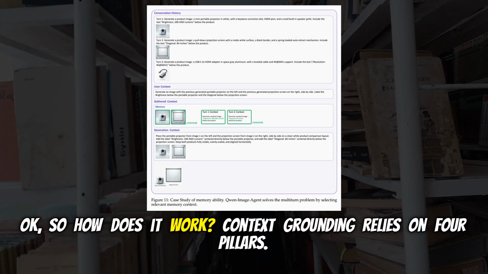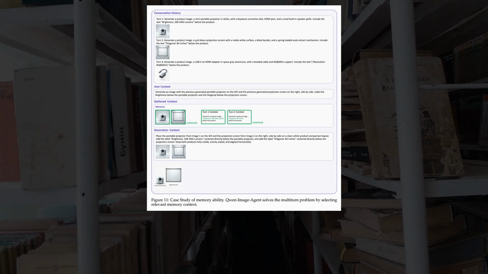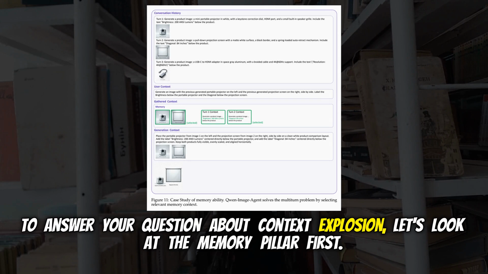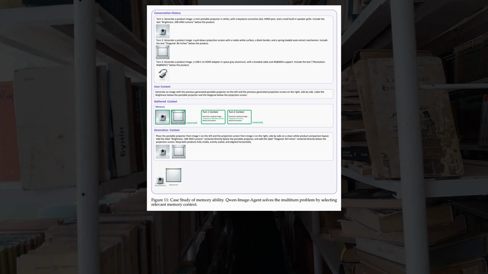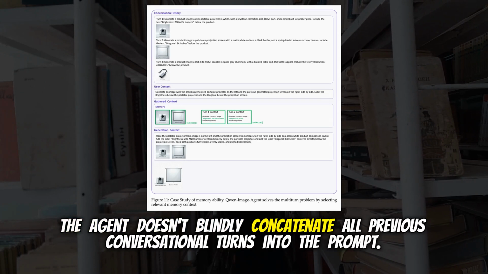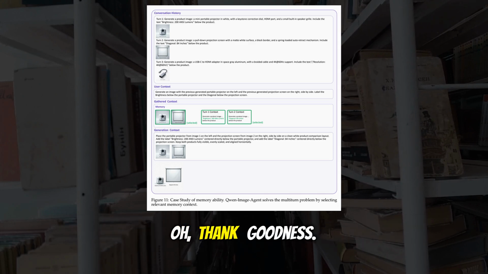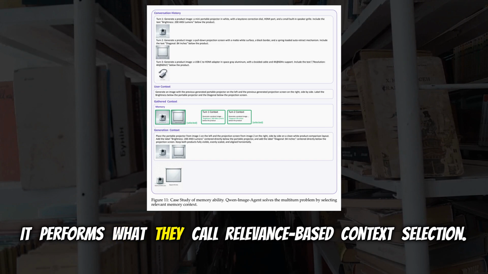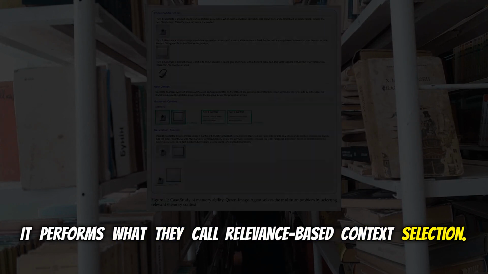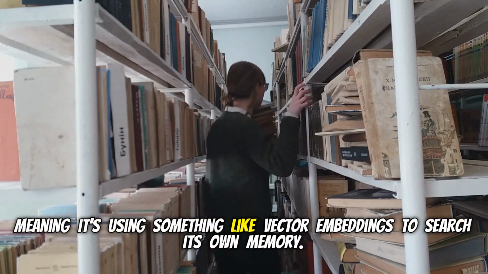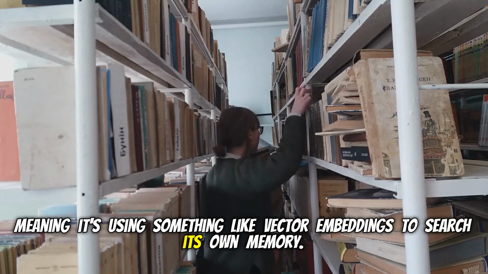Okay, so how does it work? Context grounding relies on 4 pillars. To answer your question about context explosion, let's look at the memory pillar first. The agent doesn't blindly concatenate all previous conversational turns into the prompt. Thank goodness. It performs what they call relevance-based context selection. Meaning it's using something like vector embeddings to search its own memory?